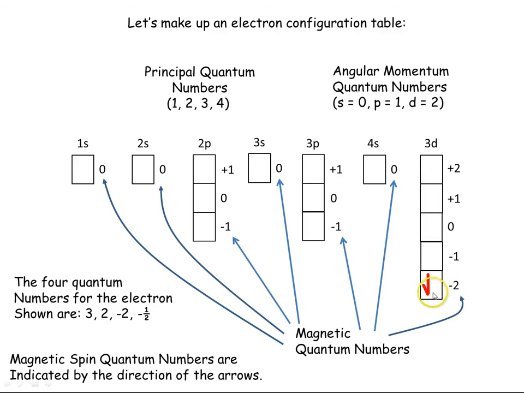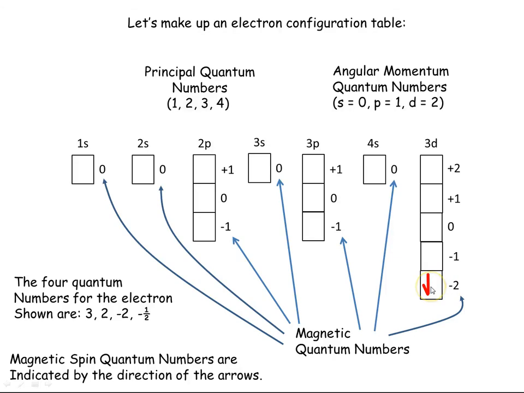Look at the example here. The arrow for the electron. The arrow pointing down, that's negative 1/2. Okay? The 4 quantum numbers for this electron are principal quantum number 3, angular momentum quantum number D, 2, magnetic quantum number -2, that's the orbital, -2.